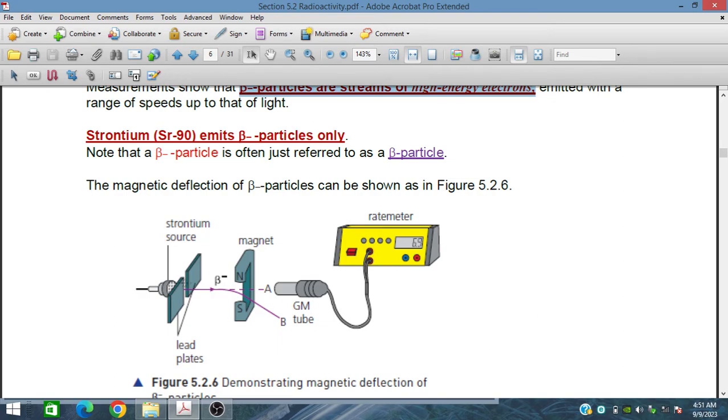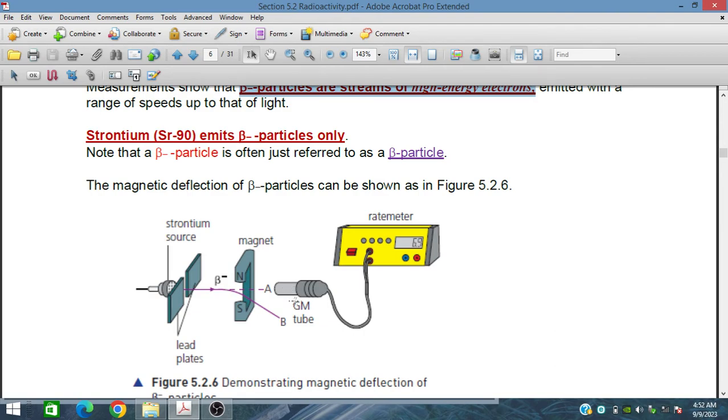The beta emits from here, and this is a magnet. Because of this magnetic field, it deflects. So the GM tube at location A counts less as compared to B because of this deflection.